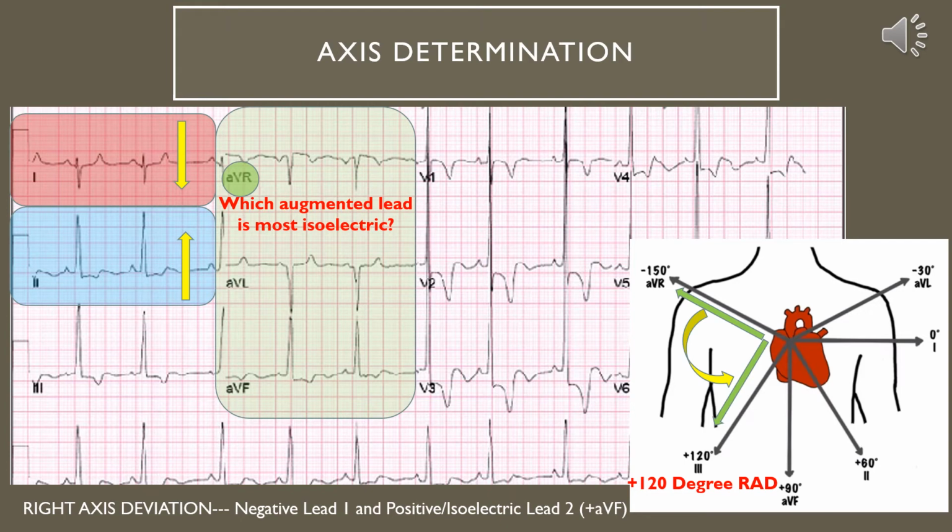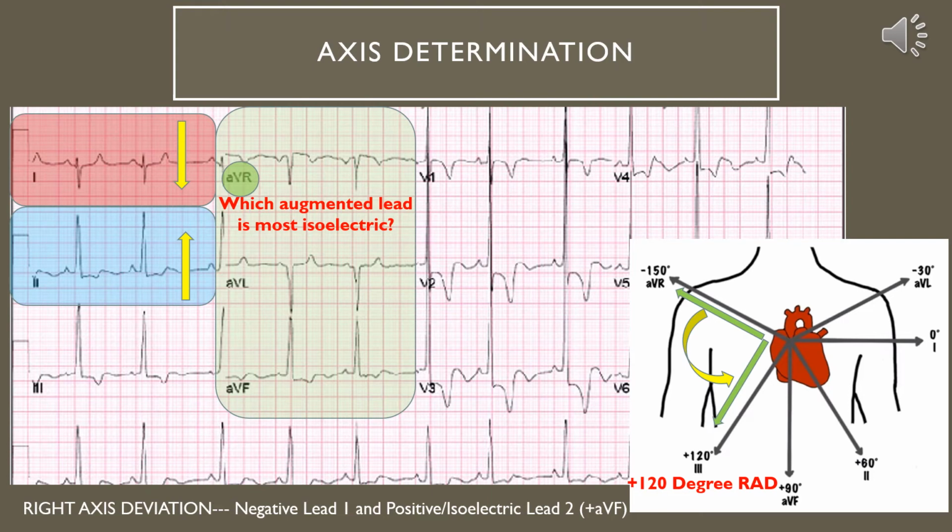Now, if you notice, look at your lead 3. Lead 3 is really highly positive, and that's because there is such a positive charge along that lead 3. So this is also helping to confirm that you see that right axis deviation, that positive finding in lead 3.